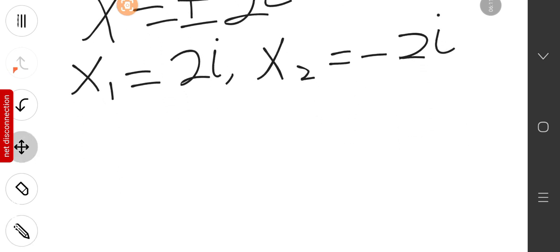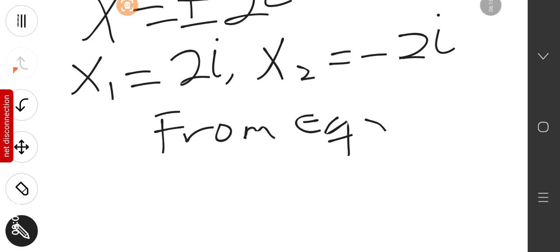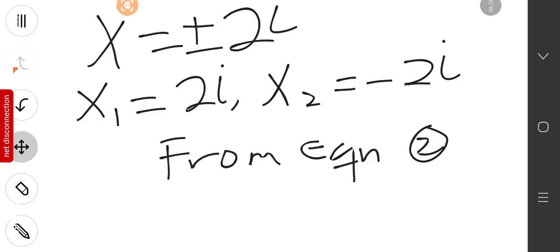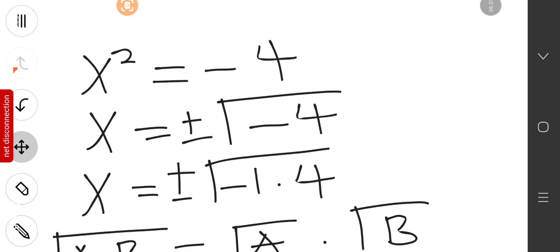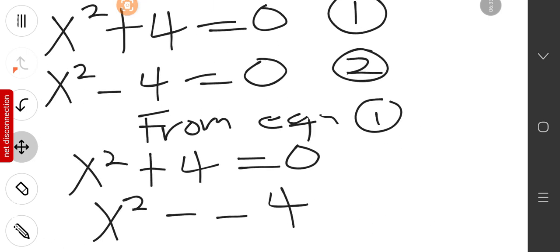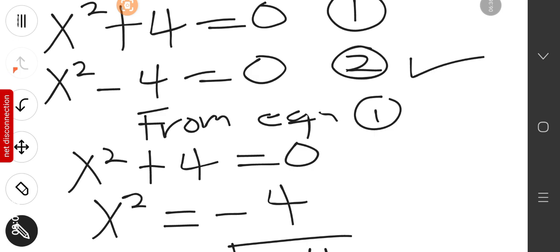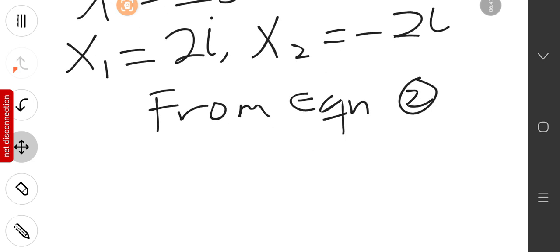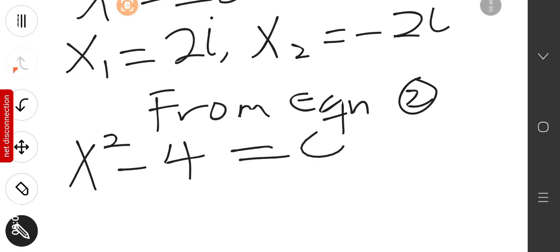All right, now let's go back to equation 2. So from equation 2, x squared minus 4 equals 0.